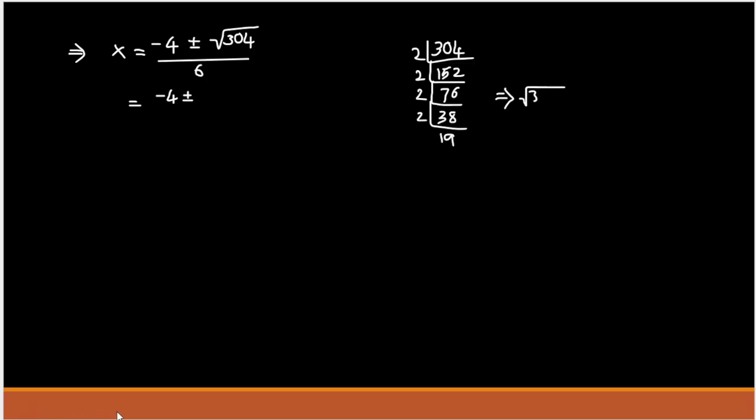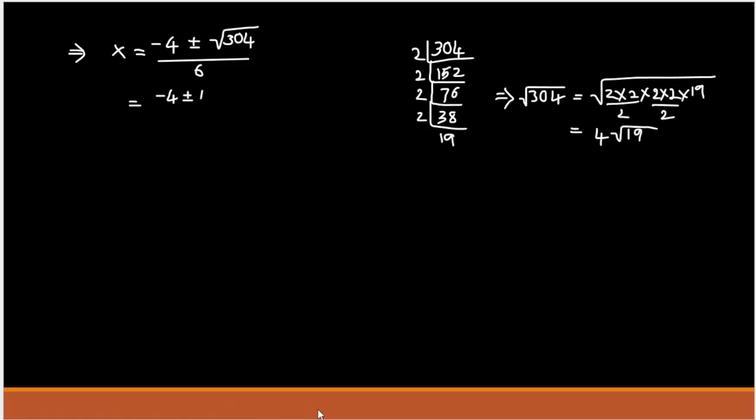And on simplifying further, we get x equals minus 4 plus or minus square root of 304 by 6. Here 304, taking its factors, we get 2 into 2 into 2 into 2 into 19.